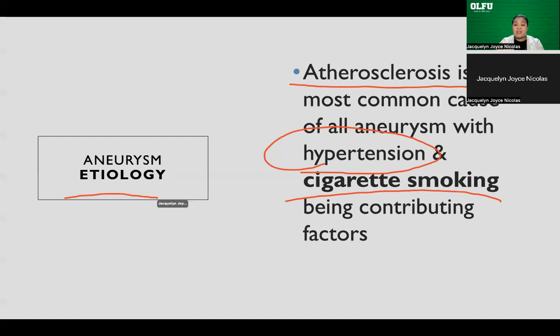Why? Because definitely if the walls are not healthy, if anatomically there is a problem with the walls of the vessel, then the chances of rupture and weakening are very much likely. Okay?